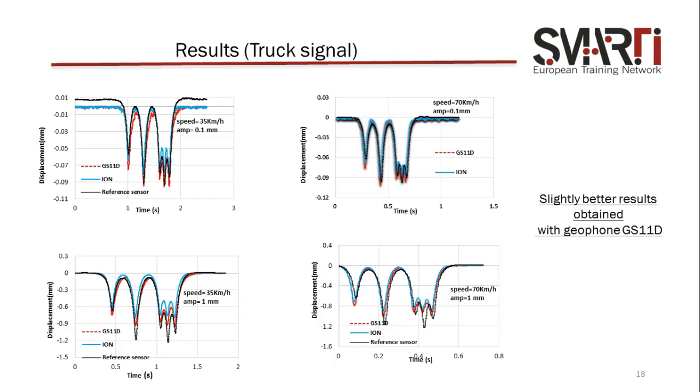The geophone GS11D had slightly better results than the other. It's not very different, because we can see from here that the results are pretty much the same, but the GS11D has slightly better results.